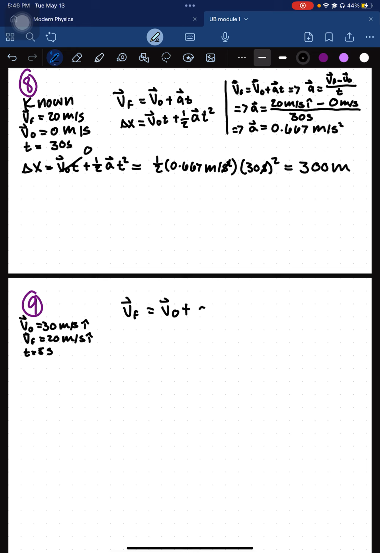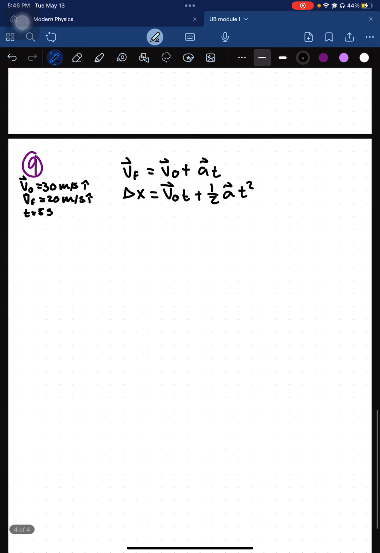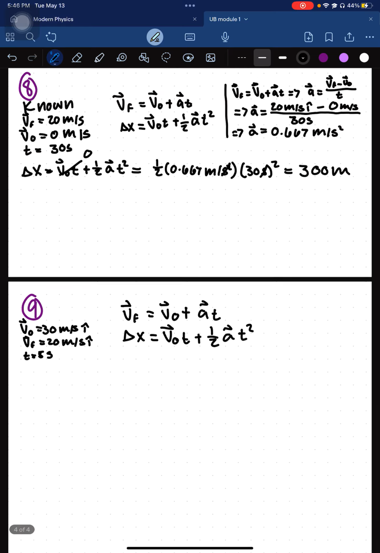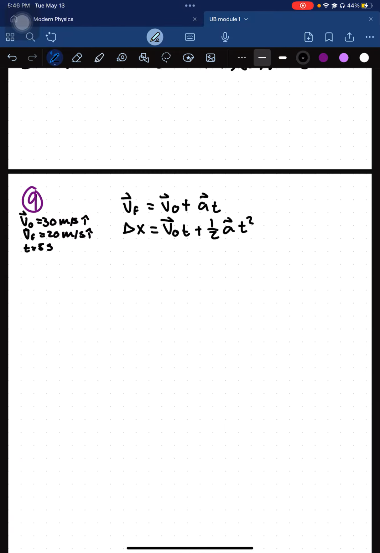V naught plus a t, delta x equals v naught t plus 1/2 a t squared. Okay, I'm being a little sloppy with this just because I'm talking while I'm doing it. I will also upload a picture of my work, and that will be a little bit more clear, I think.